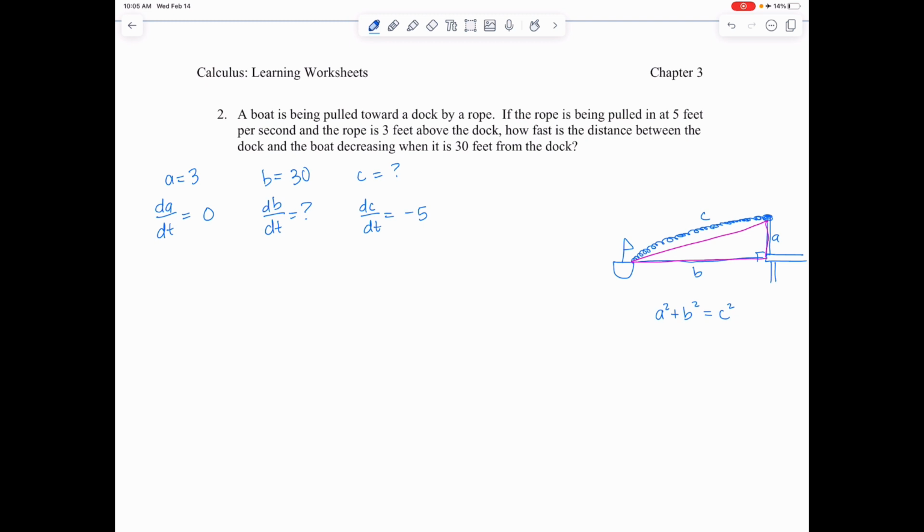So 3 squared plus 30 squared equals c squared. So we have 9 plus 900 equals c squared. For C, we're just going to take an approximation after we add and square root: 30.15.